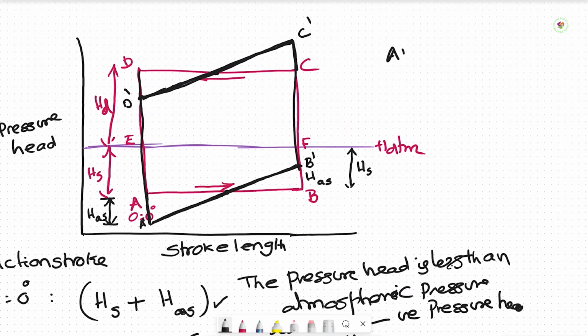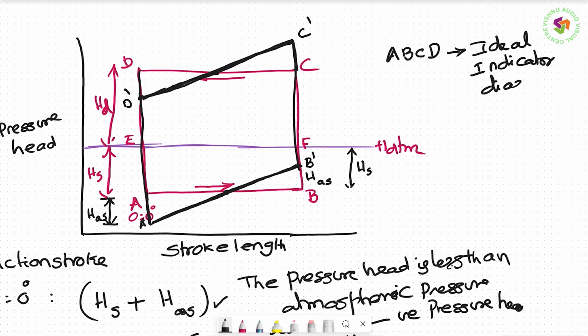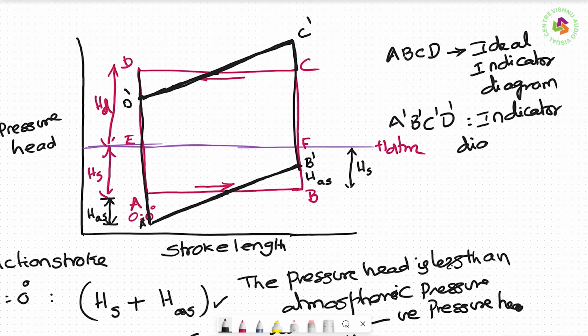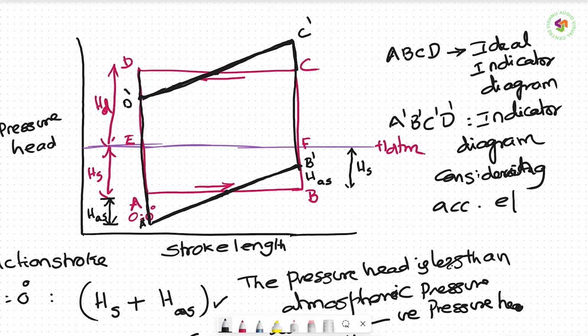So A B C D is the ideal indicator diagram, whereas A dash B dash C dash D dash is the indicator diagram considering acceleration effects. So this is the first thing.